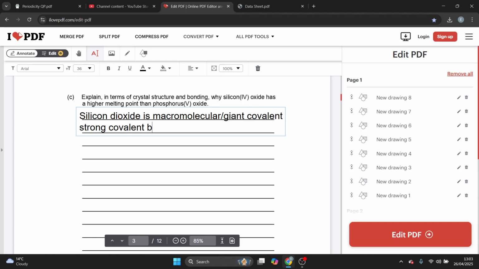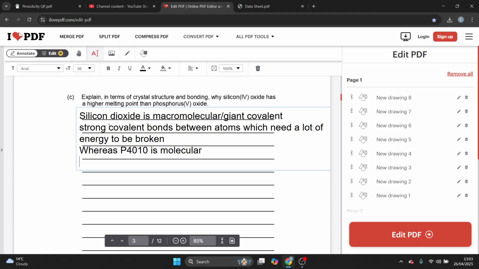Strong covalent bonds between atoms need a lot of energy to be broken, whereas P4O10 is molecular, with weak van der Waals forces between molecules.